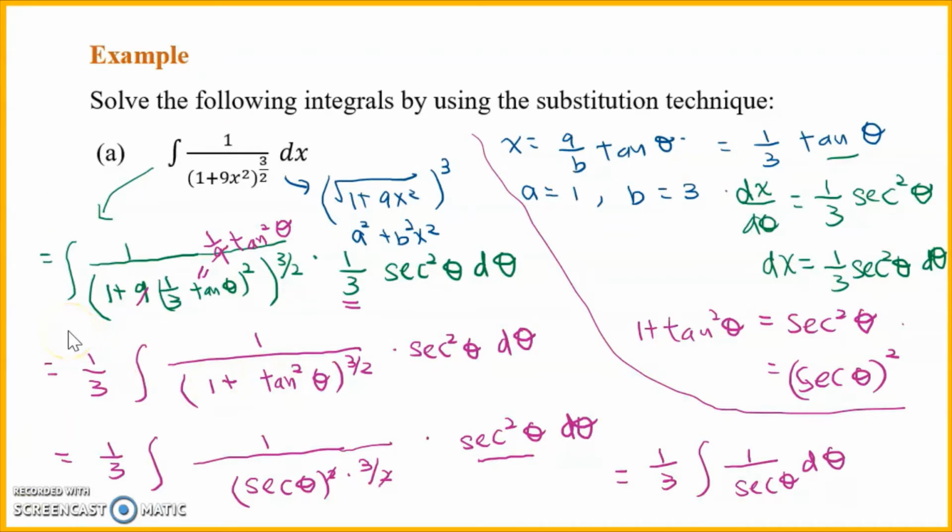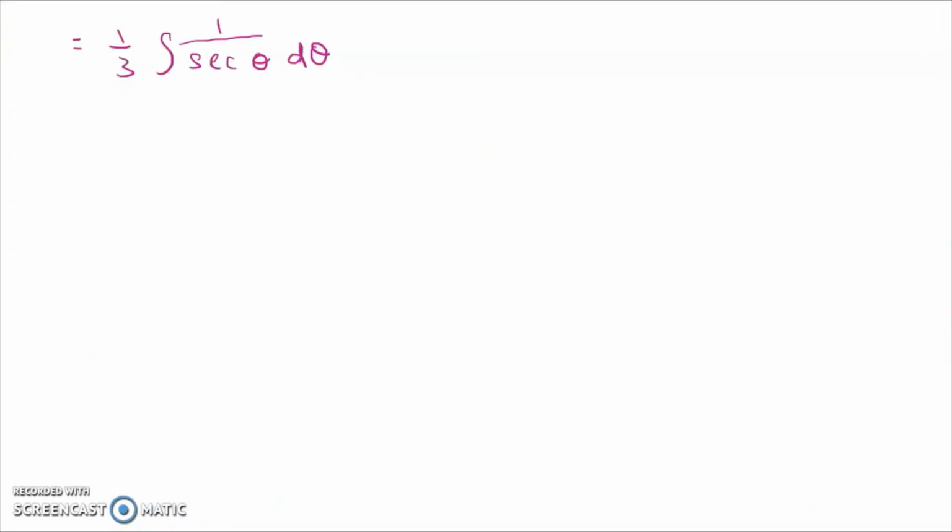We do not have enough space here. Let's continue on the next page. To integrate 1 over secant theta, we have to take note that secant theta is equal to 1 over cos theta, or we can say cos theta is equal to 1 over secant theta.